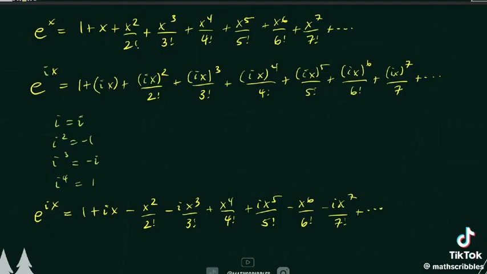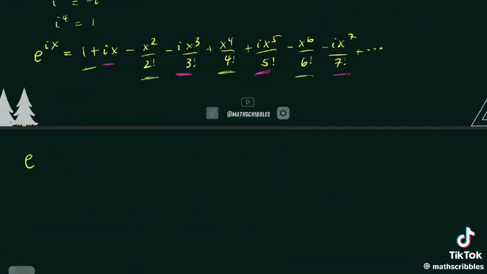Okay, perfect. Now you'll notice that we have a couple values that have i's and the others do not. So we're going to separate those in terms of values that have the complex number and those that do not. So we have e to the ix equals 1 minus x squared over 2 factorial plus x to the fourth over 4 factorial minus x to the sixth over 6 factorial, and this will continue.